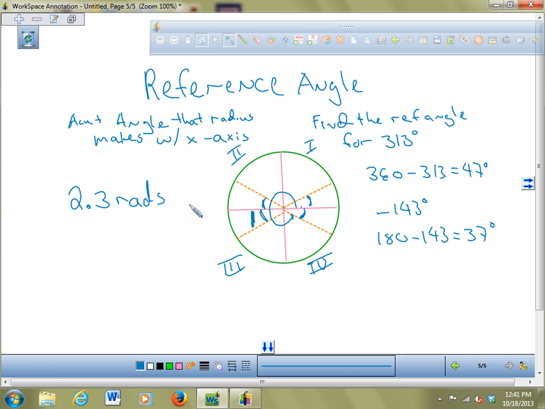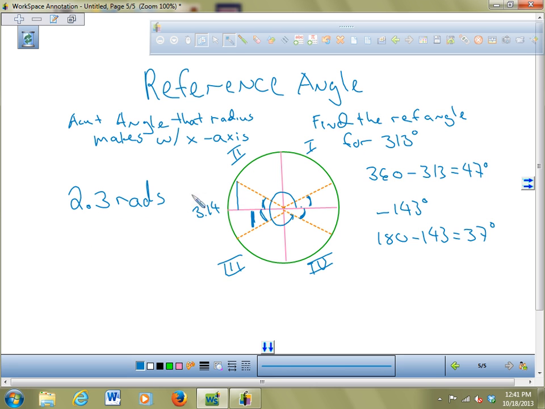So this is pi radians to here. That's about 3.14 radians. So where do you think 2.3 radians would be? It would be in the second quadrant, right? So you're talking about this reference angle over here. This would be 3.14 divided by 2, which is 1.6 something. So 2.3 radians is going to put you in the second quadrant.